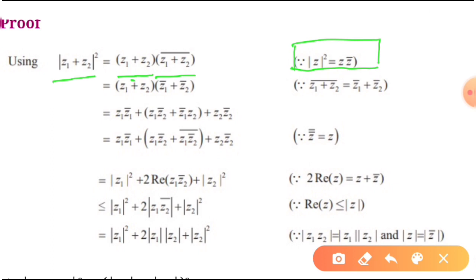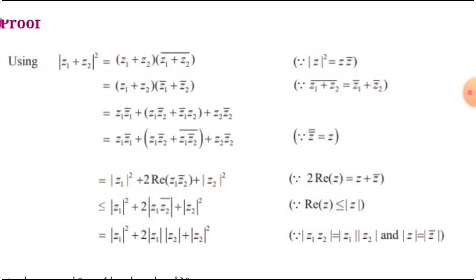So modulus of z squared is z z bar. Hence modulus of z1 plus z2 in the whole square is equal to z1 plus z2 into z1 plus z2 in the whole bar.